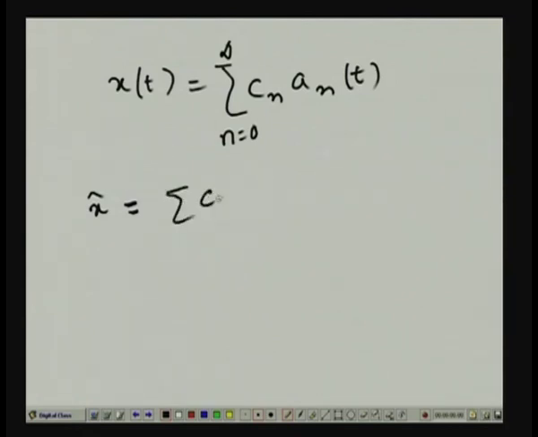In this case, it will be represented by c_n a_n(t), where n will now vary from 0 to capital N minus 1. So, this is x hat(t).